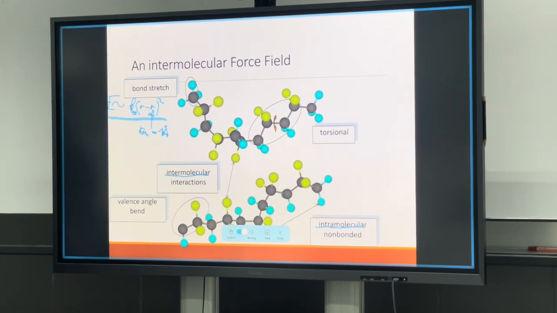And in the language of these modeling people, the collection of all the K's and all the equilibrium numbers is called a force field. So that's what people call these tables of the equilibrium distances and the scaling constants.